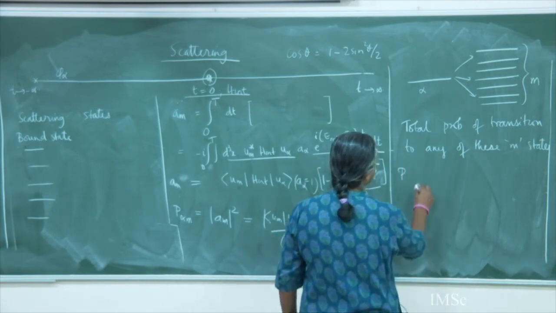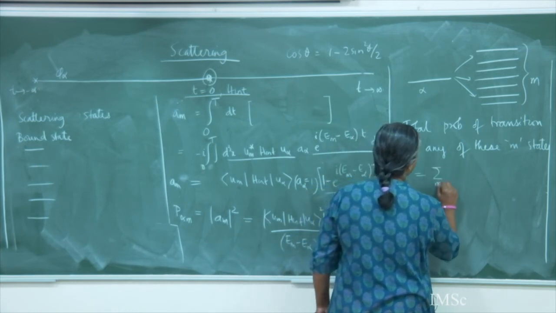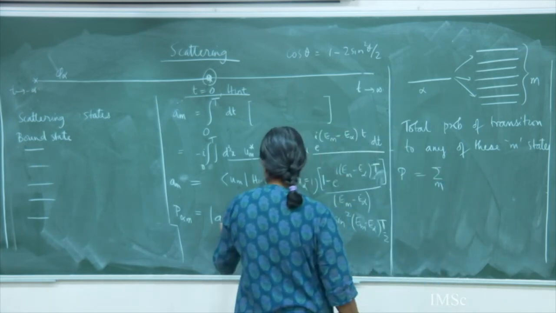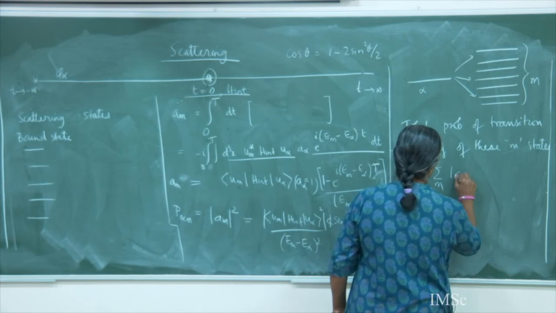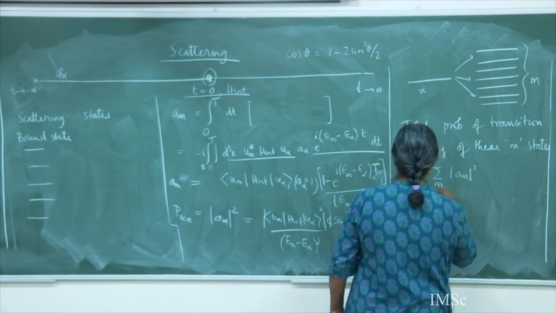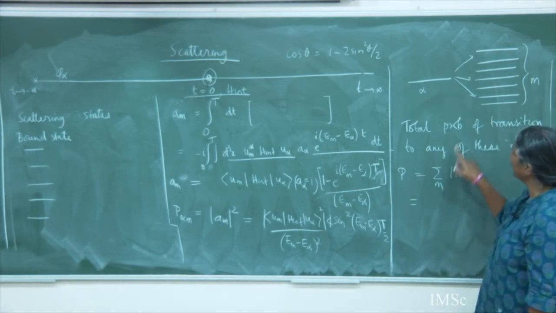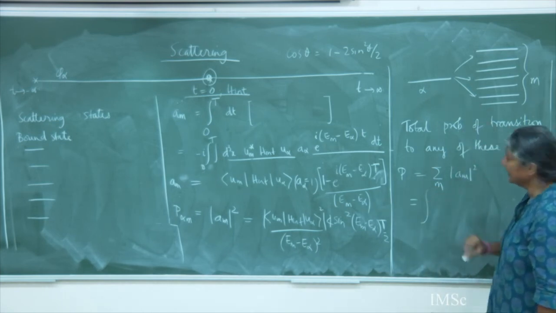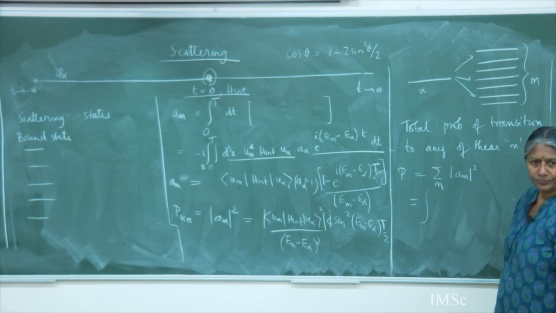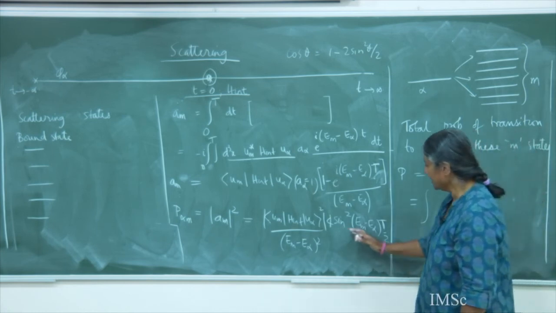But this total probability is therefore the sum over all m of |a_m|^2. And this sum over m in the continuum limit I can write as an integral over all these states.